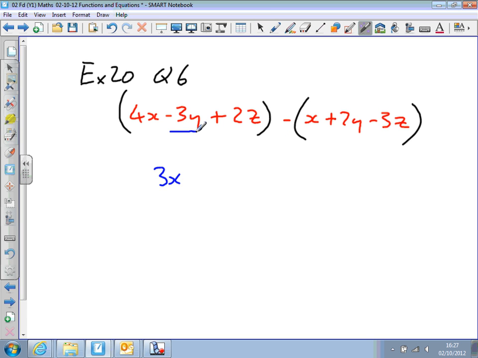Minus 3y minus 2y is minus 5y. And finally, and this is the awkward one, 2z minus minus 3z is plus.